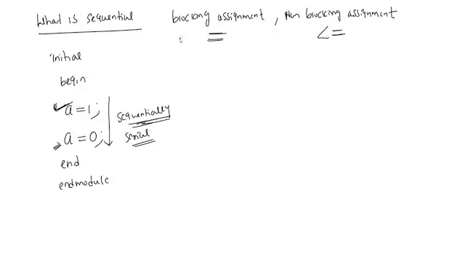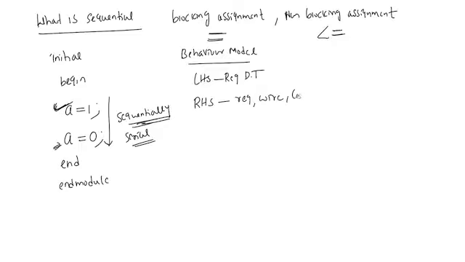Remember, when you are using behavioral modeling, the LHS should be reg data type, and the RHS can be reg data type, wire data type, a constant, or an integer. It can be any data type. The port rule connections you need to follow, I already told you.